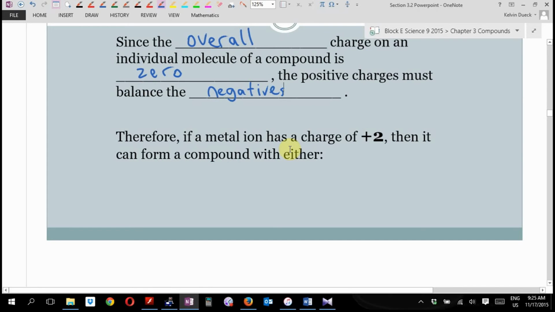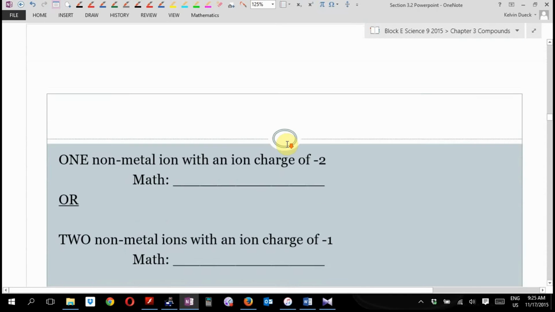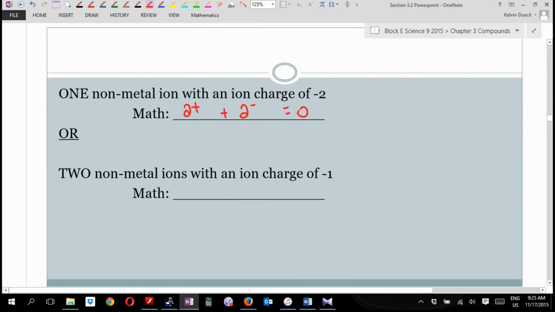So, if a metal ion has a charge of +2 or 2+, it can form a compound with either one non-metal with an ion charge of 2-. What's the math behind that? Well, 2+ plus 2- is 0. Or it can form a compound with two 1- ions. 2+ plus a 1- and another 1- equals 0.